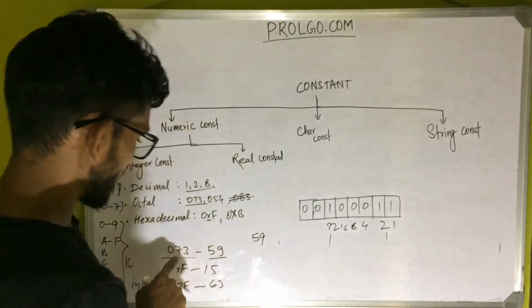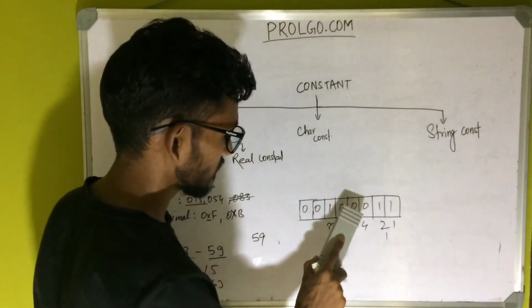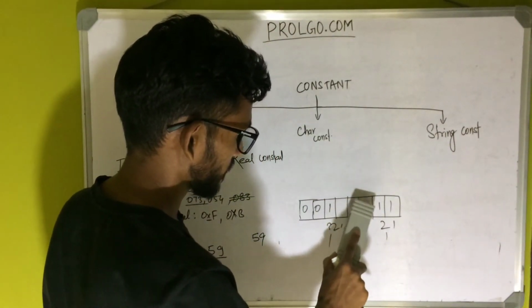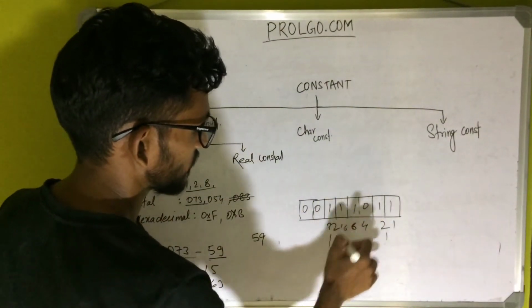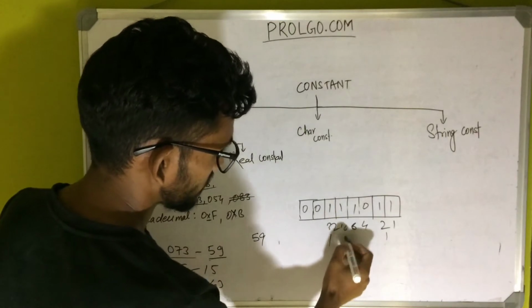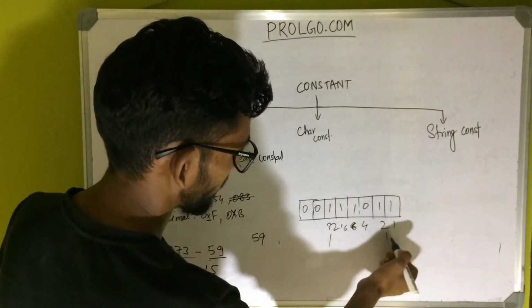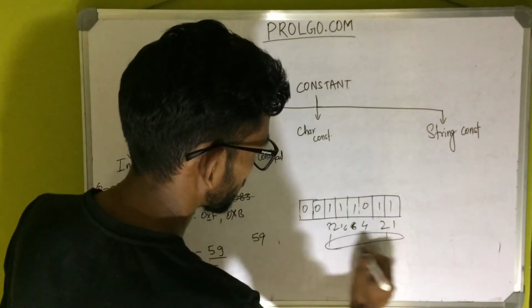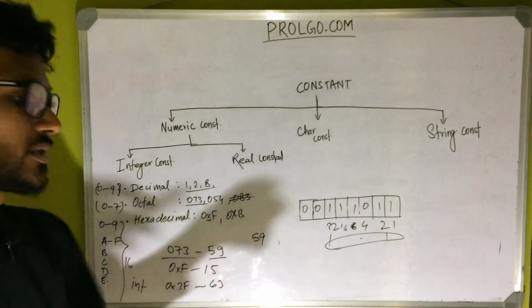Okay, so I have taken 7 as a 100, so that's the major mistake I have made. So that will be 32, 48 plus 8, 56 plus 3, 59. So yes, this is the correct number that will be stored in the memory.